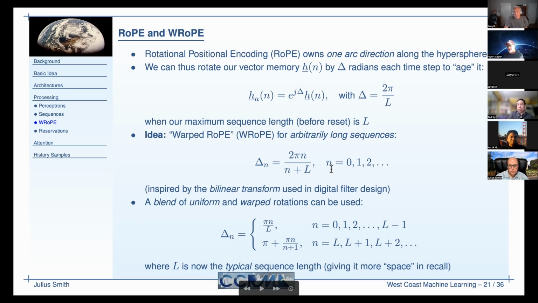What I'm saying though is that if you just want to be able to say previous token and then match on that, with warped rope you need to know your absolute position in order to accurately calculate previous token. In rope, you don't need to know your absolute position in order to calculate a relative offset.